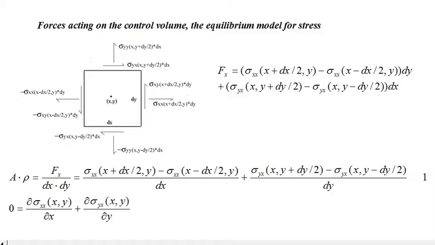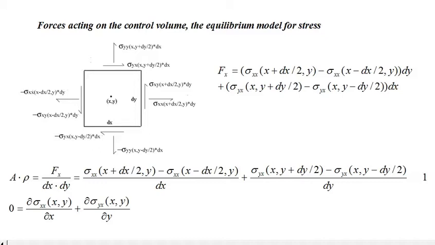The acceleration of the control volume in the x direction is given by the sum of the x direction forces divided by the mass of the control volume, which equals rho times dx times dy, where rho is the density of the control volume. As per equation 1, the acceleration times rho equals F sub x divided by dx times dy.